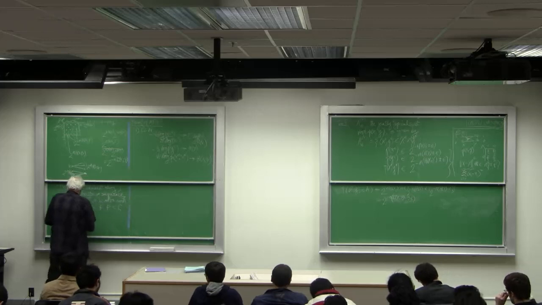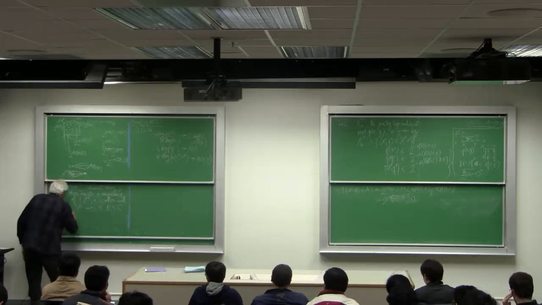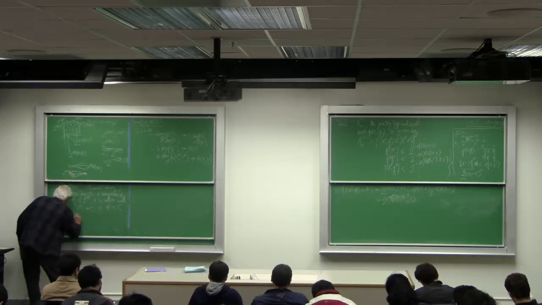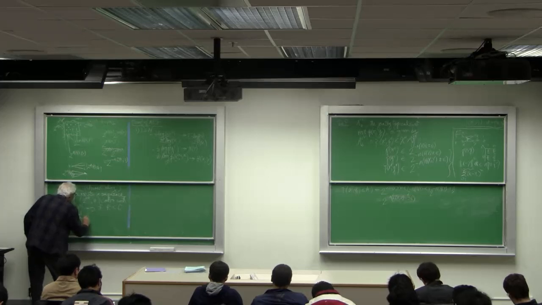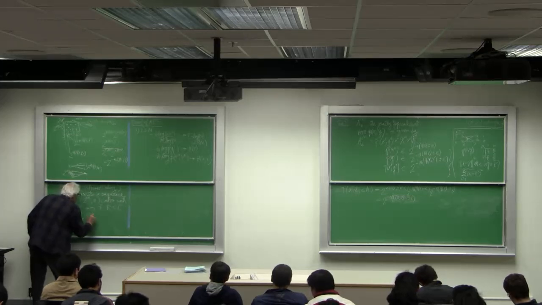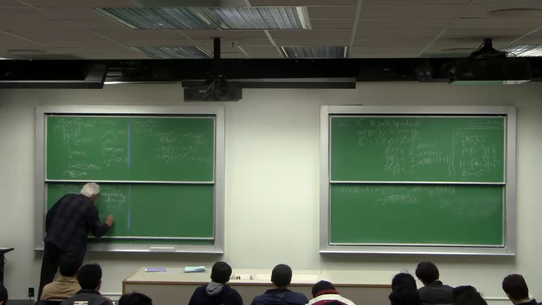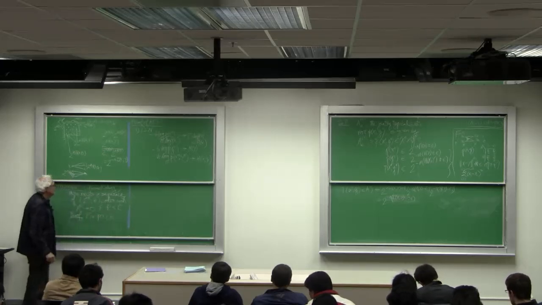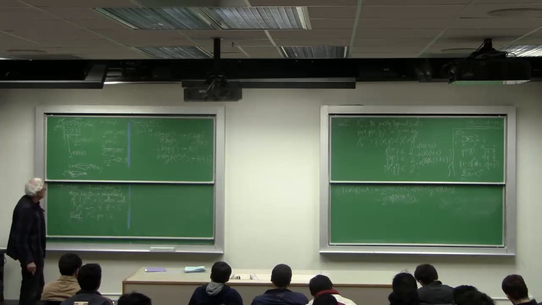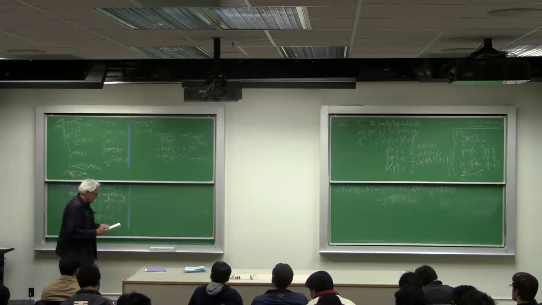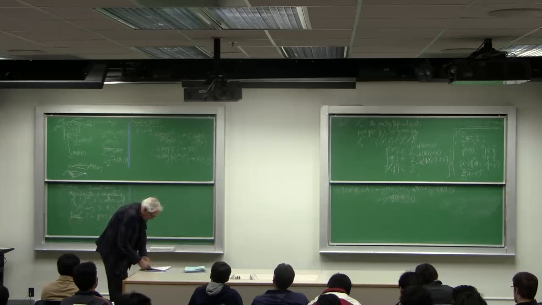So, here's the proof. We fix P of X and R. And now we're going to generate a code.